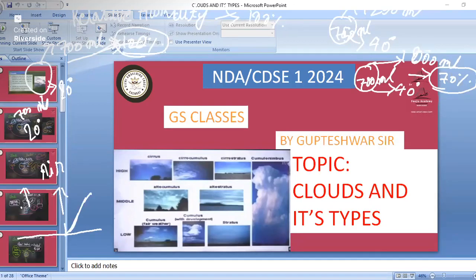When this particular one attains 20 degrees, what will happen at that surface? This particular nuclei will attain 100% relative humidity. Then it will attain saturation. Because of that only, it will get settled on those dust particles and there is cloud formation.